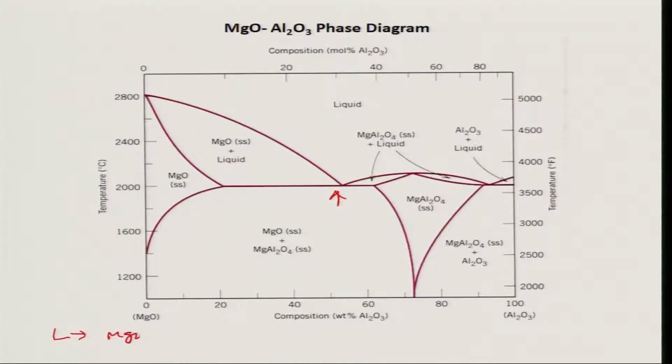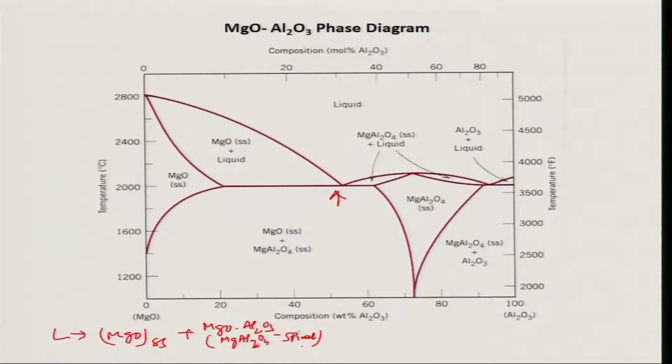It is from MgO solution plus spinel. What is spinel? MgO Al2O3. In many cases it is written as MgAl2O4, or spinel, right. This is the one, and in between you have spinel formation.